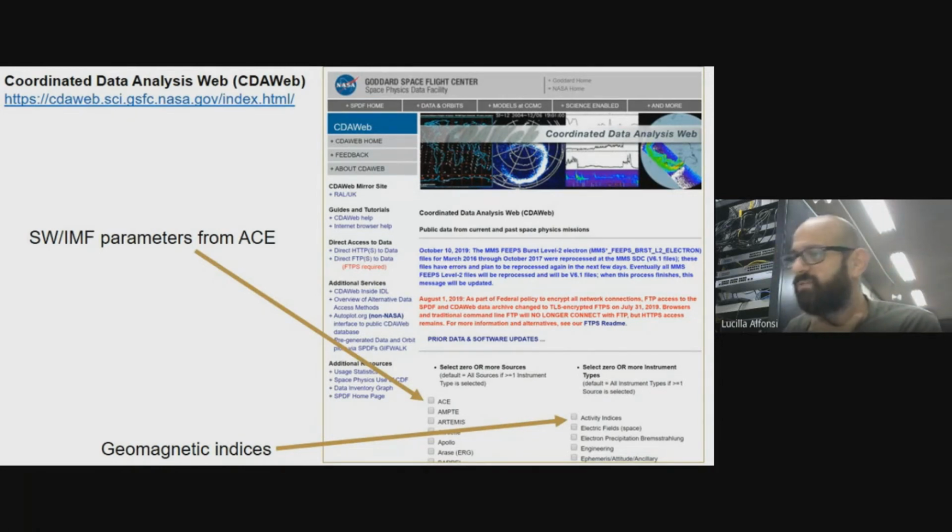What I would like to do with you is to navigate in a live session through the databases in order to show you how to get the data in an easy way, more or less, and to give you the possibility to analyze the data, to interpret the data, and to understand the ionospheric behavior.